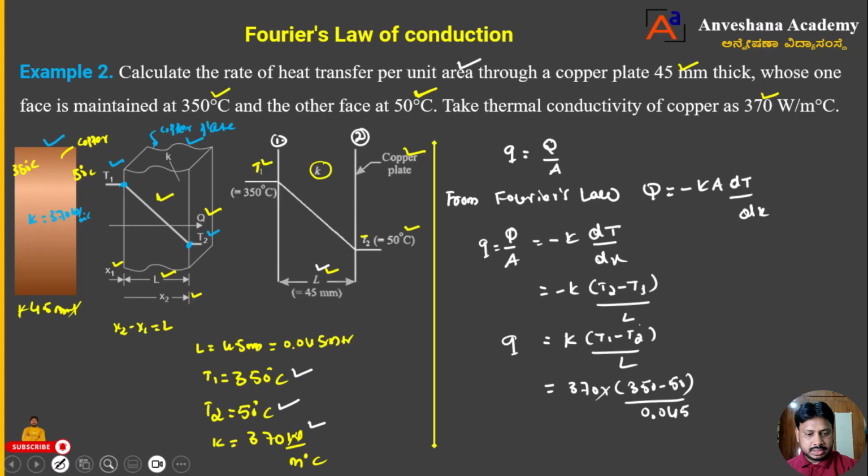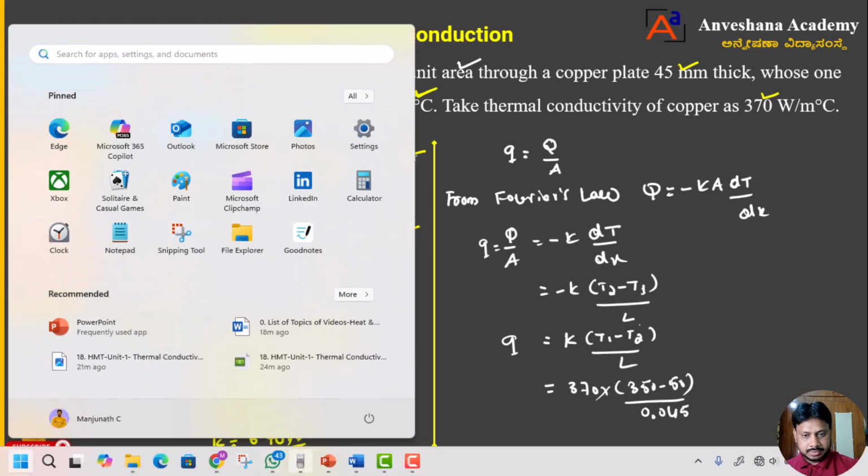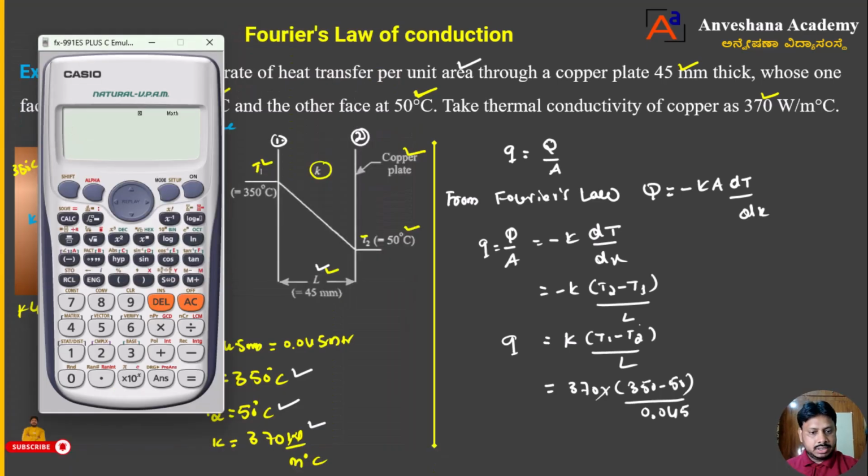So then, dear students, I will substitute now. 370 into, okay, 350 minus 50 in brackets, divided by 0.045.